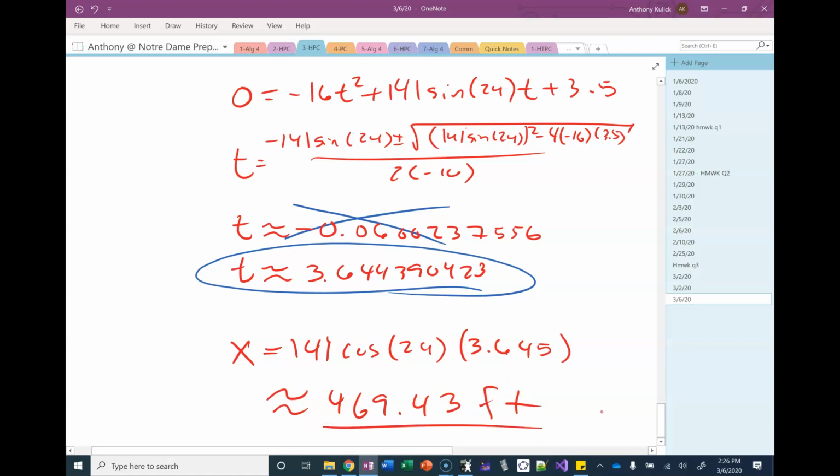So that ball is going to travel about 469 feet before it hits the ground. Jeff just crushed it.